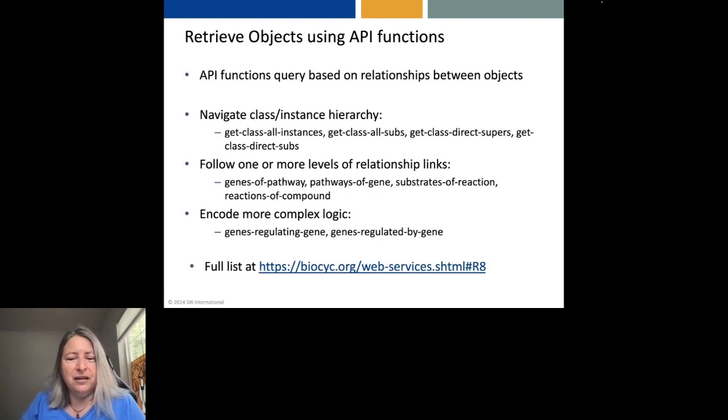Well, I'm not going to go into it all, but there's a lot of complex logic in here, and so we encapsulate it in these API functions for finding genes that regulate genes and genes regulated by other genes. So this is just representative of the kinds of relationships that the API functions we provide. The full list is in our web services document.